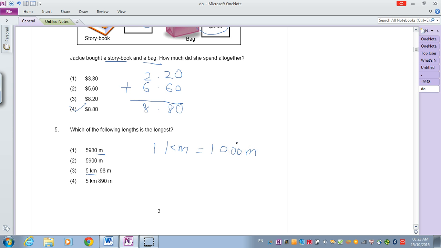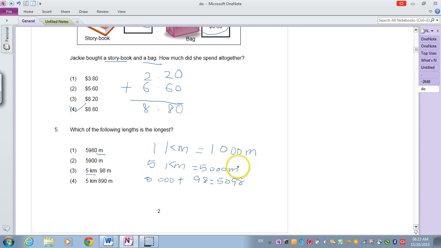Since option 1 and 2 are already in meters, we shall convert option 3 and 4 to meters as well. Option 3 is 5 kilometers 98 meters. 5 kilometers will give us 5000 meters, so option 3 will be 5000 meters plus 98 meters, and that gives us 5098 meters.